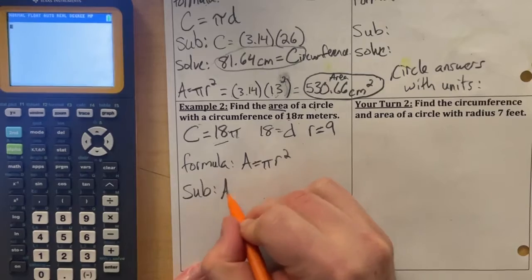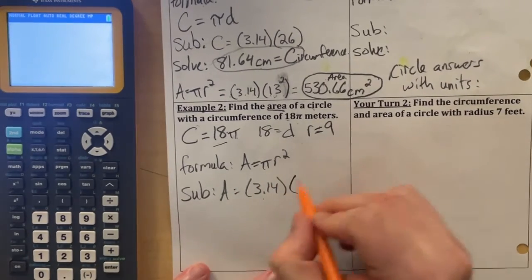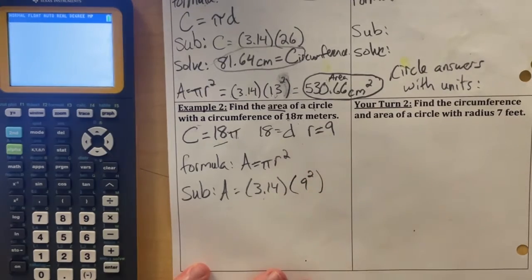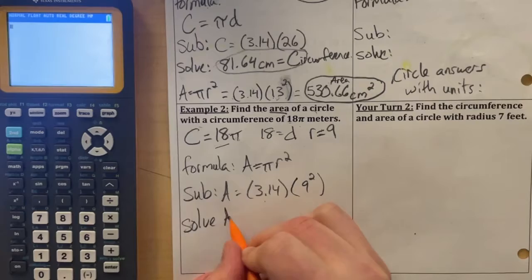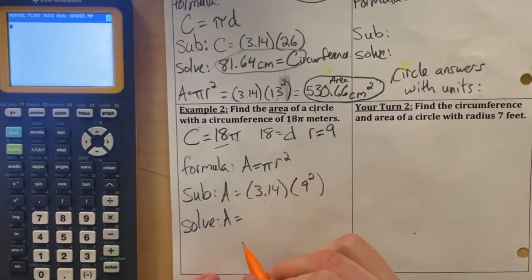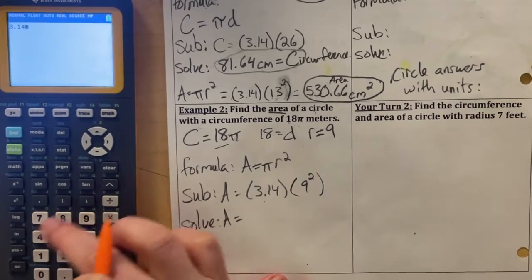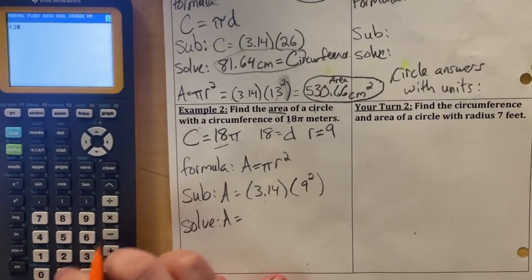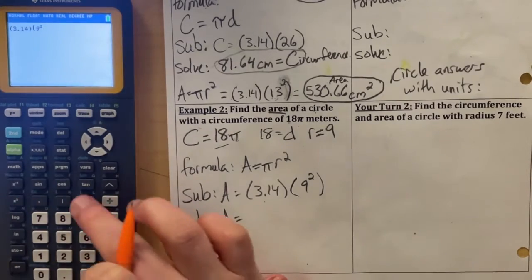So I have area is equal to 3.14 times the radius, which is 9 squared. Solve, and so I have A equals, let's actually multiply, so 3.14 in parentheses to show multiplication, and 9 squared.